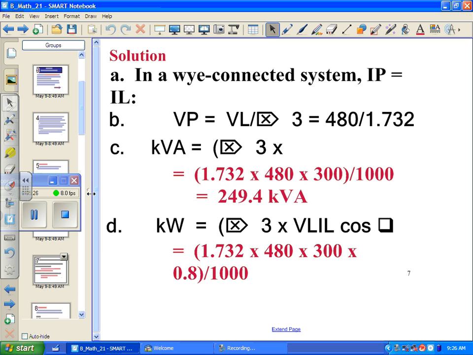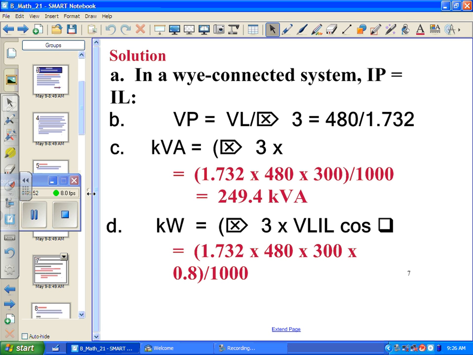Where we need the power, we need the cosine of the angle, okay? Because we need the power factor times that. So our apparent power, our VAs, is 277. No, it's times 480. So we have a really high voltage here.